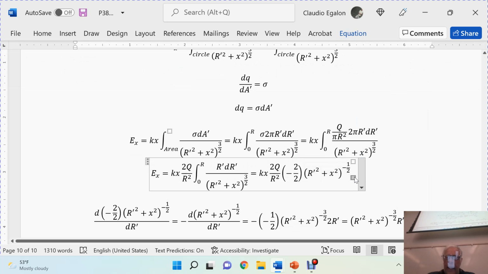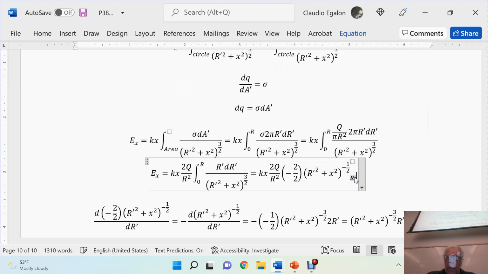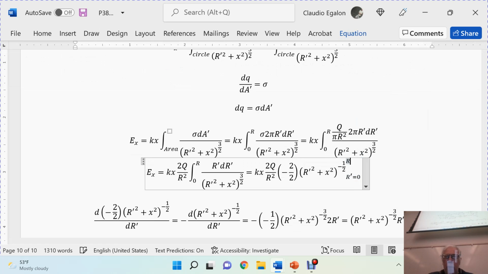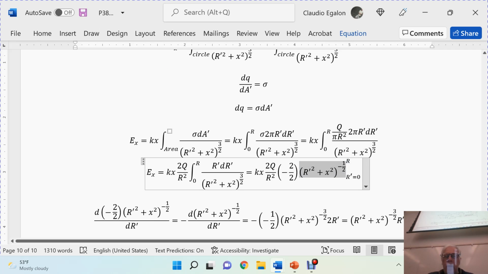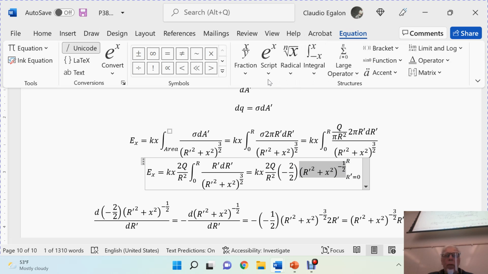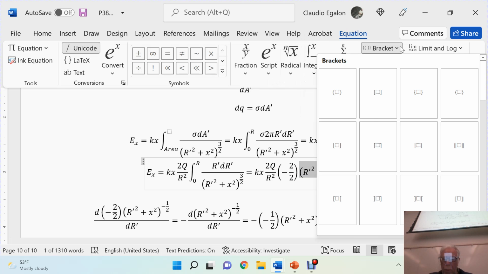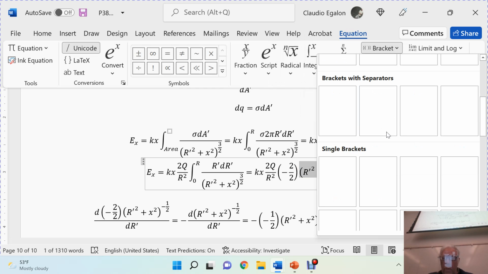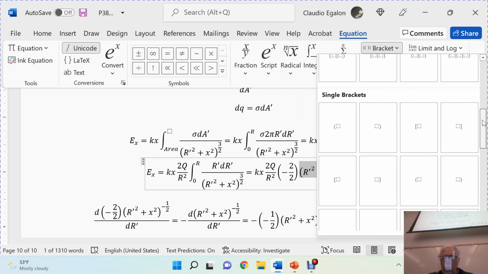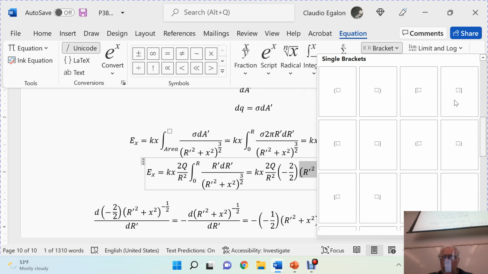R prime, big R prime, from 0 to big R. It's a good idea to put a bar here, to use the proper notation.